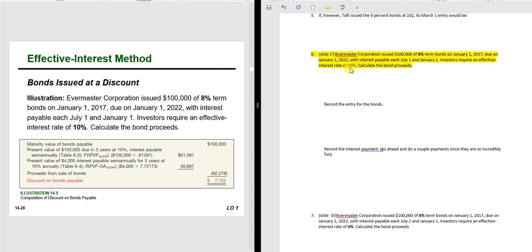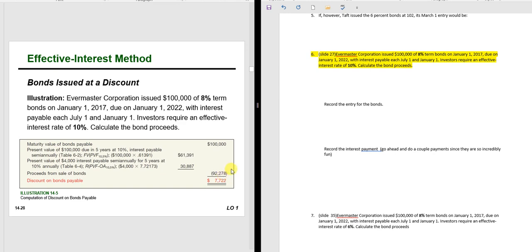So notice the bonds are paying 8, the market rate is 10, so they should be selling at a discount. Before, they would tell us what we're going to sell them for, but I'll get through there in just a second. They would be selling at around 92. So in the other one, they would say 92, and then we'd use cash of 92,000. But the exact amount is 92,278.